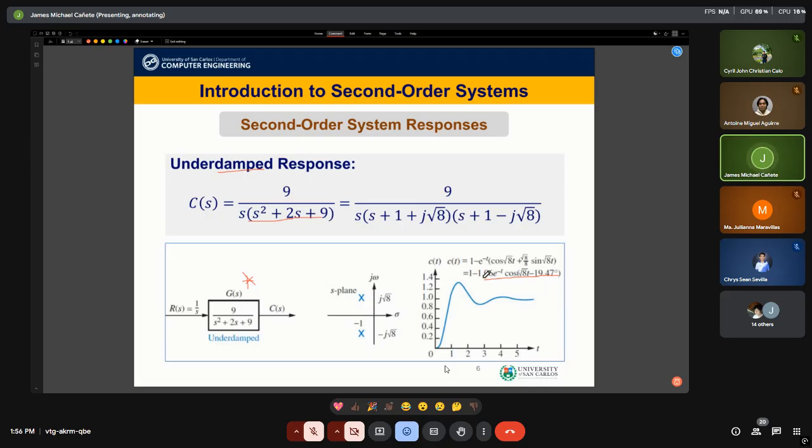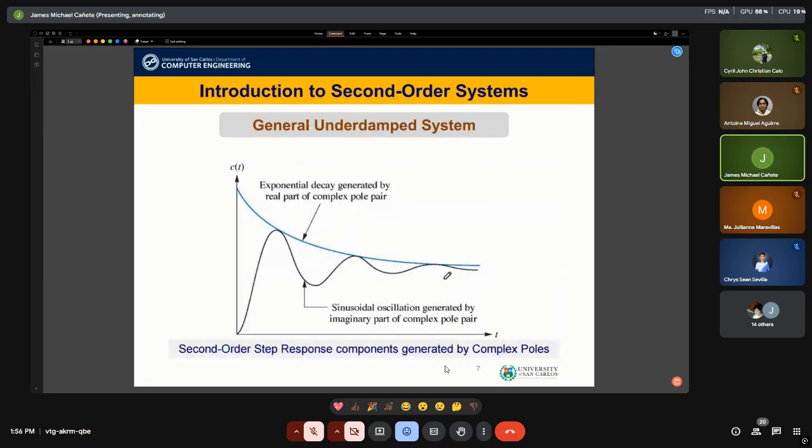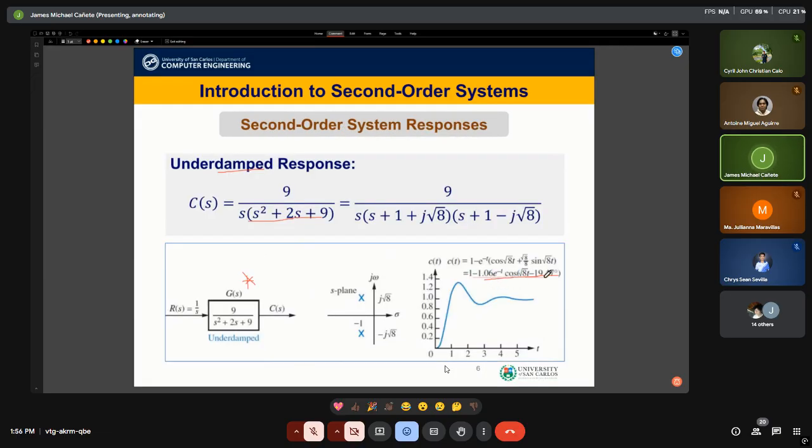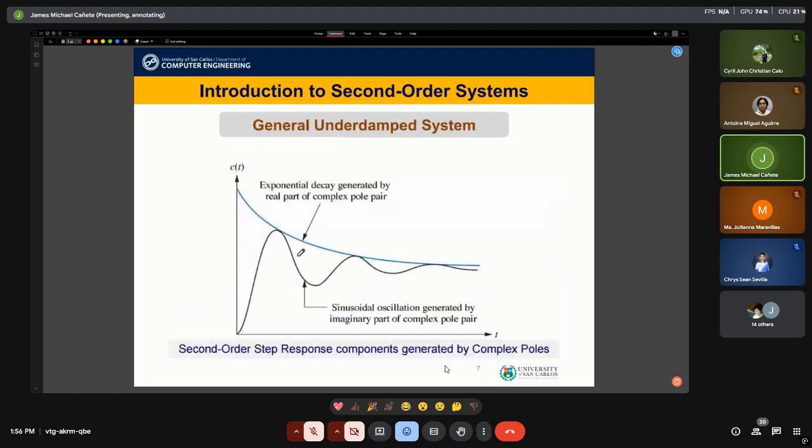The response will look like this. This is due to the natural response here. If you break this down, it has an exponential component multiplied to a sinusoidal. A pure sinusoid would oscillate with consistent amplitude.